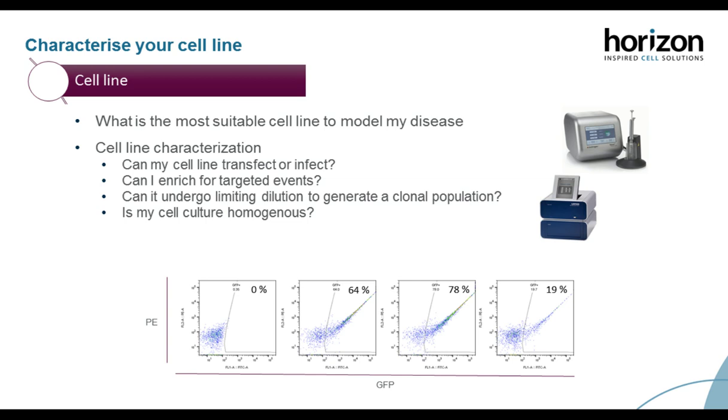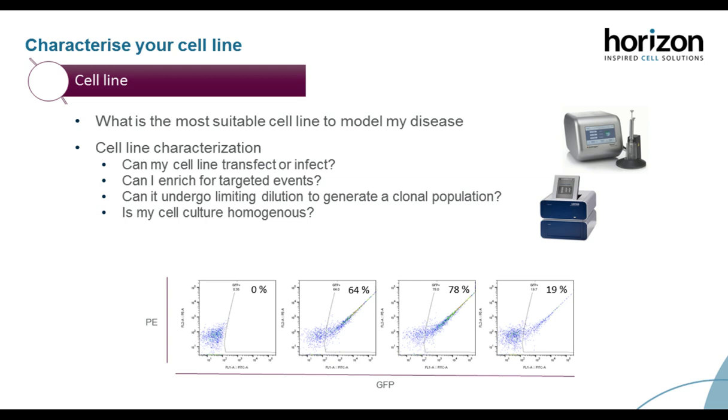Usually once we have performed this transfection procedure, we use our FACS cell sorter to take out the GFP positive populations to see if our cells can be effectively sorted without any loss in cell viability. In this experiment at the bottom, we've transfected our cells with the fluorescent Cas9, and we're going to take that fluorescent population out and sort it into a multi-well plate to see if the cells are viable after sorting.